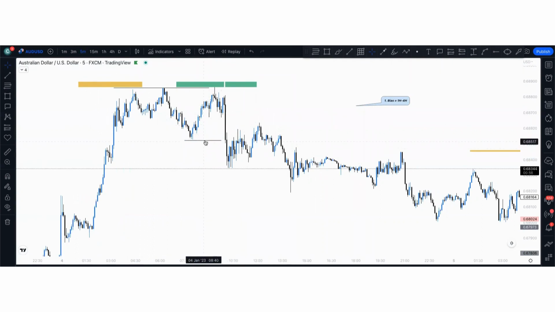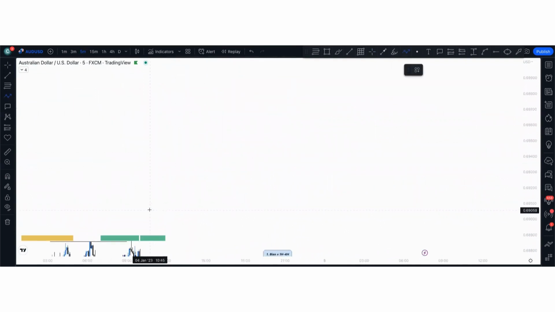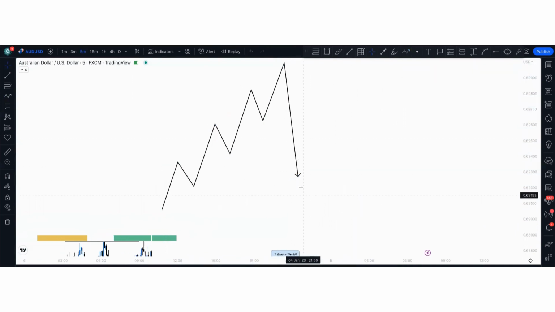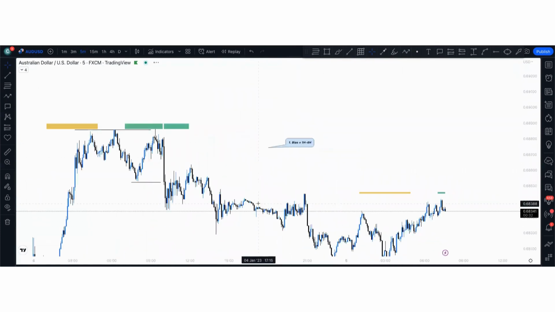As you notice, the price is going up like this one, and then it really took this bearish momentum to the downside, breaking some lows like this one and this one.